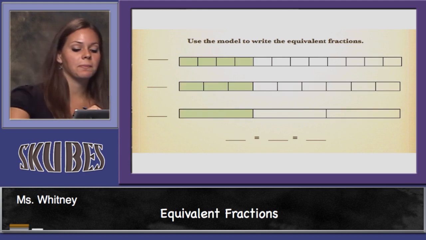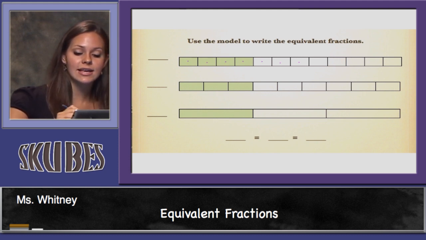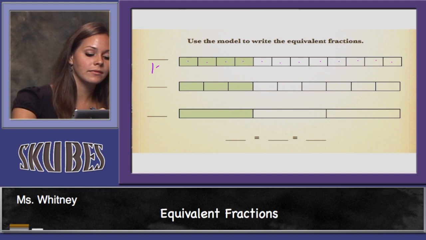Here's another example. We start by finding the denominator. 1, 2, 3, 4, 5, 6, 7, 8, 9, 10, 11, 12 equal parts, and 4 of the parts are shaded.